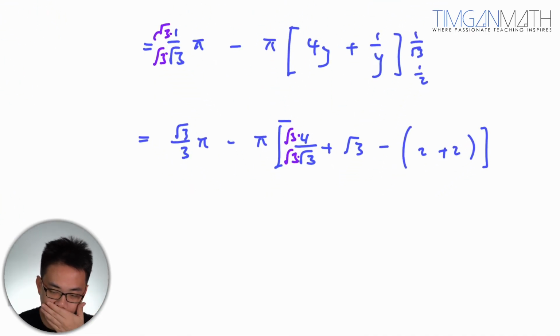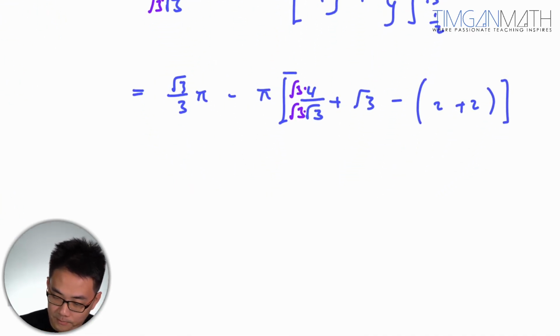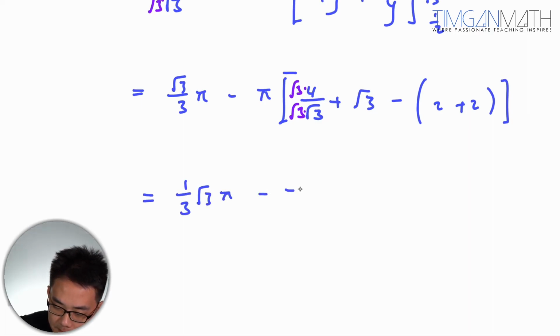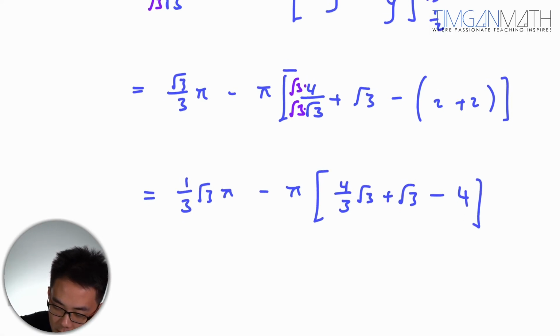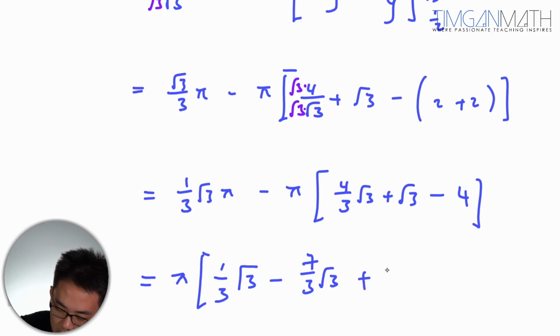I could get 1 over 3 root 3 pi, 4/3 root 3 plus root 3 minus 4. So this will be 7/3 root 3. Okay, maybe I'll factorize out the pi, it'll be easier. 4/3 plus 1 would be 7 over 3 pi root 3 plus 4.